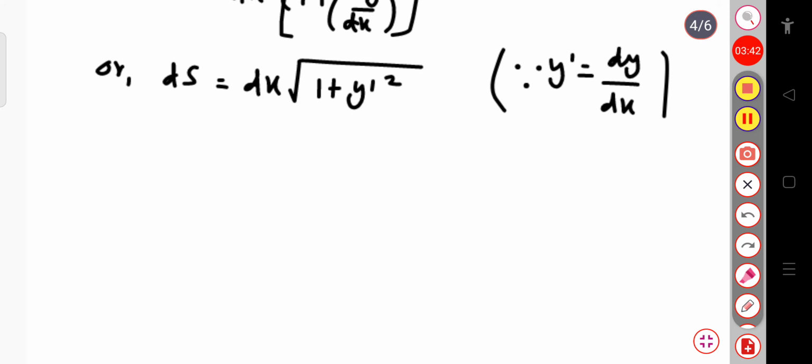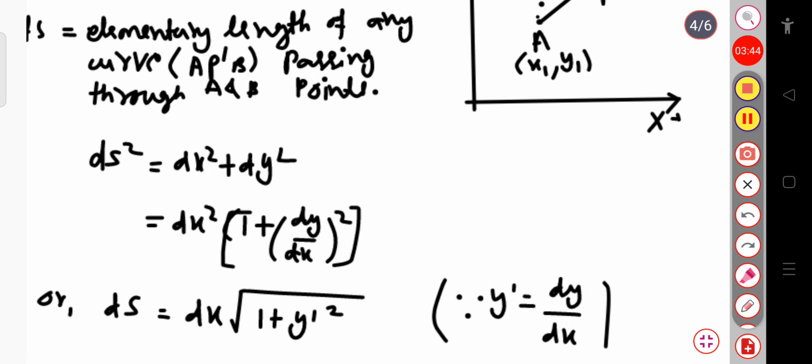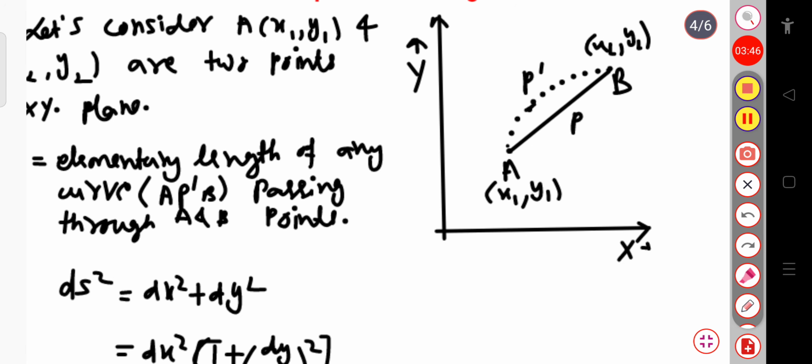Now we have to calculate the total length of the curve from the point A to B. To calculate the total length of the curve, we have to integrate. This ds is any small length, if I consider a small length, that is your ds.